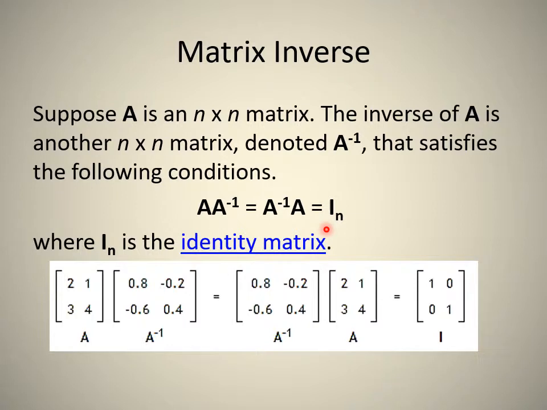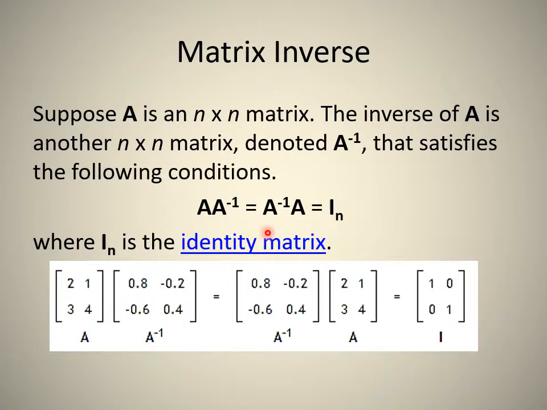It's basically a square matrix with ones on the diagonal and zeros on the off diagonal. In normal algebra, that would be equal to the number 1. So again, an inverse of a matrix is defined by a new matrix of the same order that, if multiplied by our original matrix, gives us an identity matrix of the same order.